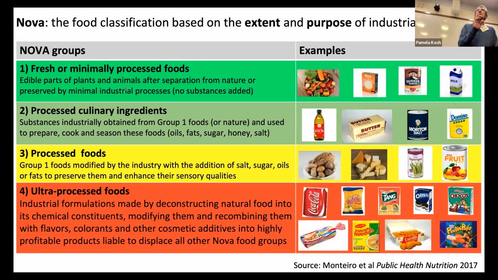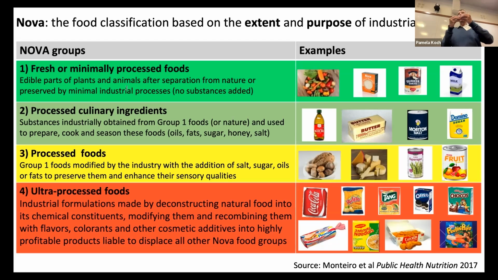The second group is very important in NOVA. I'm talking here about oils, fats, sugar, honey, salt. These are processed culinary ingredients. Here comes the purpose thing. The purpose in the first group essentially is prolonged duration of foods. So if you pasteurize a milk, you get more duration, you get more safety in your product. But in group 2, they are highly processed in a way that the product, butter, is very different from milk.